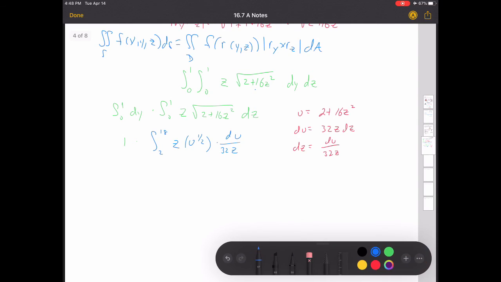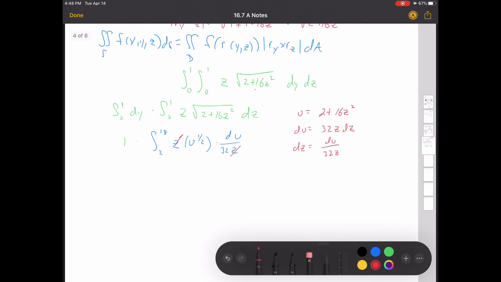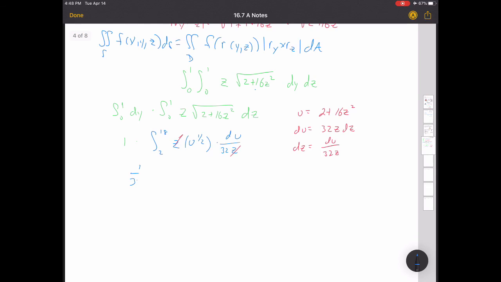So the z's are going to cancel. That's going to leave me with a 1 over 32 that I can bring out to the front. So let's go ahead and do that. Times 1 is still just 1 over 32, integral from 2 to 18 of u to the 1/2 du.